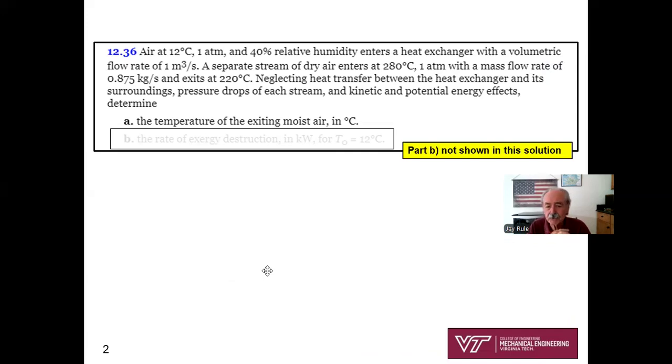A separate stream of dry air enters at 280 degrees C, 1 atmosphere, with a mass flow rate of 0.875 kilograms per second and exits at 220 degrees C. It's cooling off, heating up that mixture, that atmospheric air mixture. It says, neglecting heat transfer between the heat exchanger and its surroundings, the pressure drops of each stream, and kinetic and potential energy effects, determine the temperature of the exiting moist air.